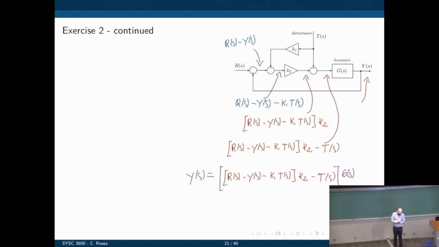We get Y of S equals R times K2 times G of S, minus Y of S times K2 times G of S, minus K1 K2 T of S times G of S, and minus T of S G of S.